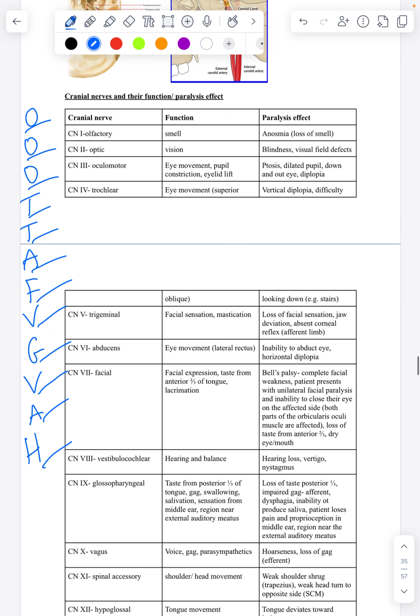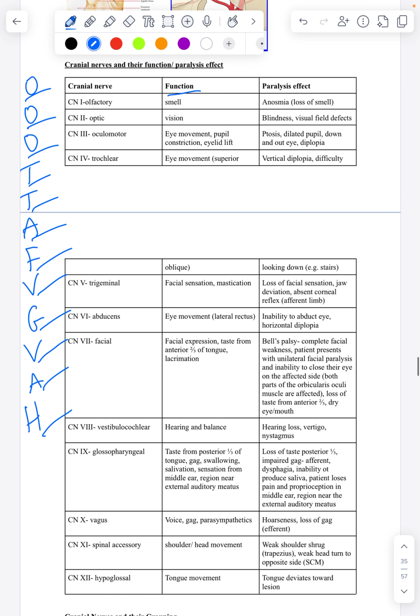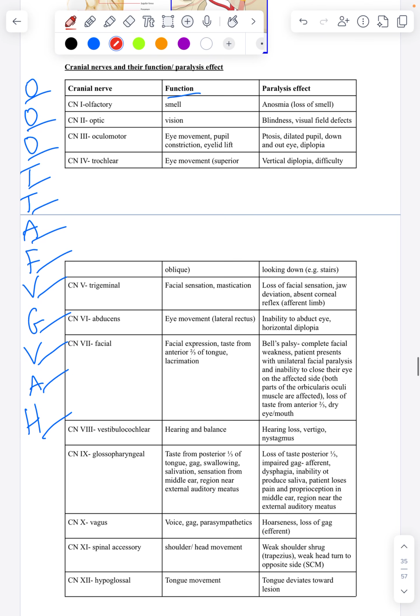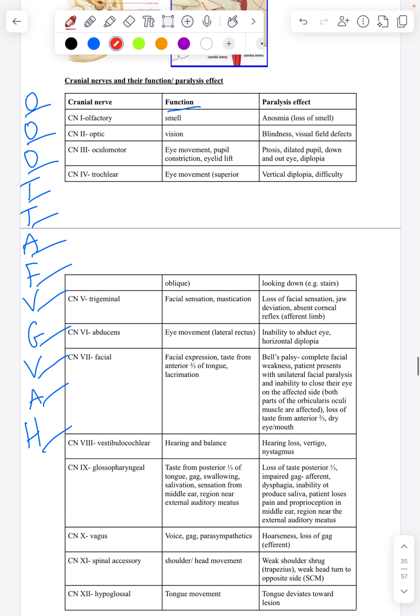And then these are their functions. Now, to remember which ones are sensory, which ones are motor, and which ones do both, you remember, some say marry money, but my brother says big brains matter more.